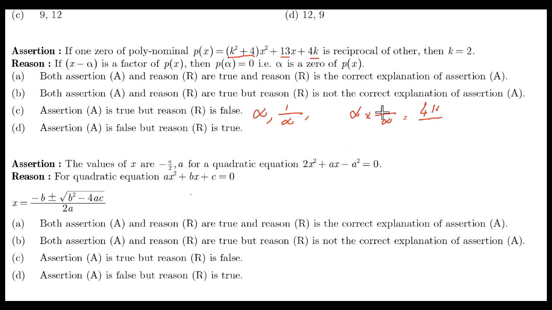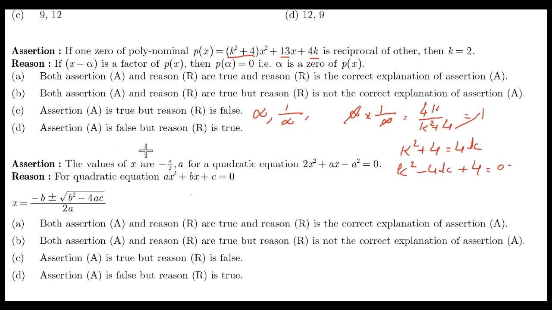So alpha into 1 by alpha is equal to 4k by (k square plus 4). Now alpha cancels, so 4k by (k square plus 4) is equal to 1. Cross multiplication: k square plus 4 is equal to 4k. That is k square minus 4k plus 4 equal to 0.